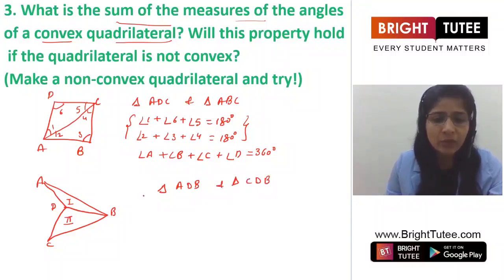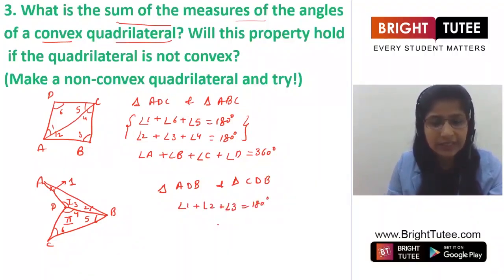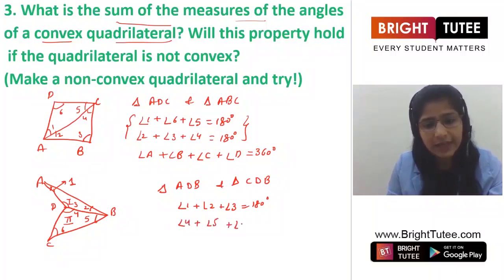We can apply the same concept. This will be named as angle 1, this is angle 2, this is angle 3, this is angle 4, angle 5 and angle 6. So we see in triangle ADB, angle 1 plus angle 2 plus angle 3 is equal to 180 degrees using the angle sum property of the triangle. In the second one, that is CDB, angle 4 plus angle 5 plus angle 6 is equal to 180 degrees.